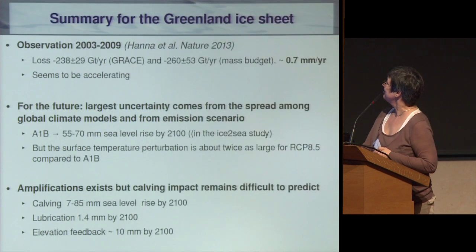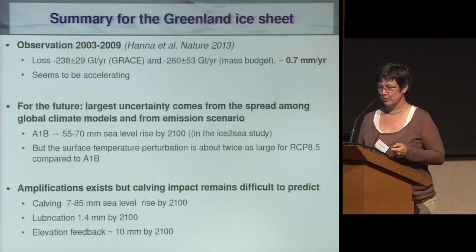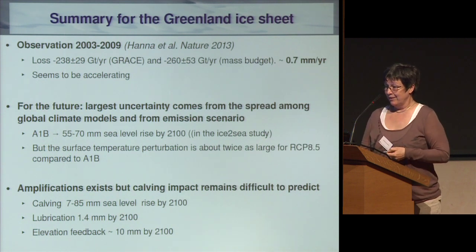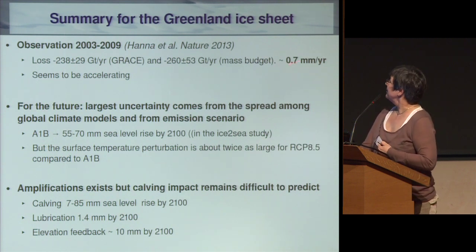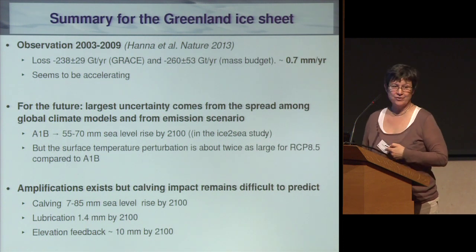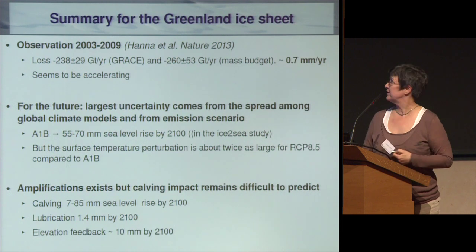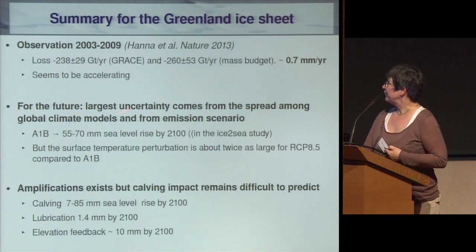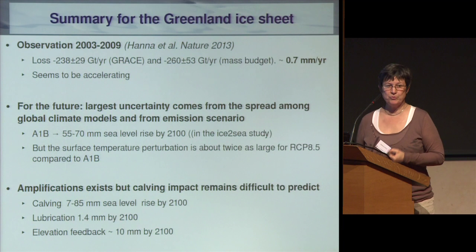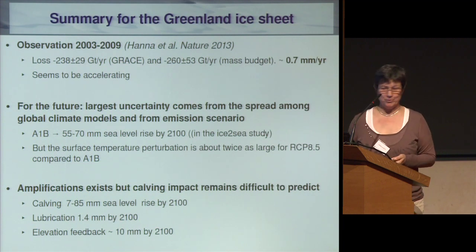ice sheet. So to summarize for the Greenland ice sheet, from the observation, we are at about 0.7 millimeter per year, but it seems to be accelerating. For the future, the largest uncertainty comes from the spread of global climate models and from emission scenario.